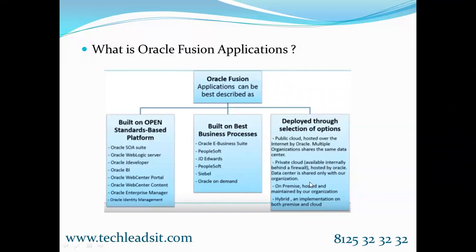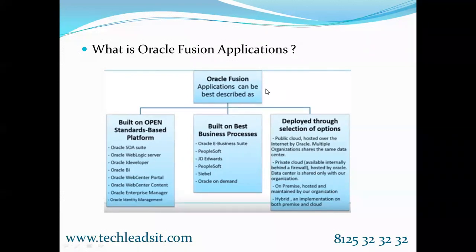On-premise is where the complete infrastructure and the patching or upgrades are completely maintained by the organization itself. The support will be provided by Oracle. Hybrid is a combination of on-premise and any one of the clouds, public or private.